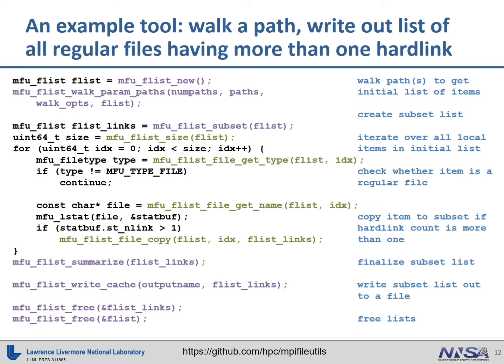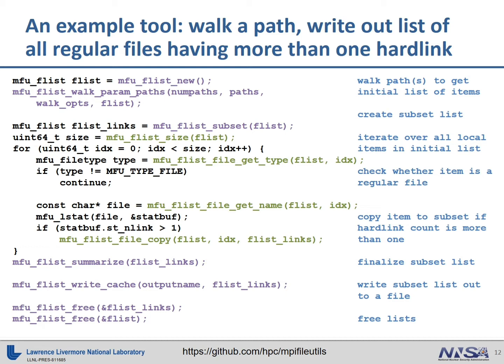If it is a regular file, it stats the item again to get the hard link count. Turns out that the hard link count is not one of the properties that we're currently saving in our stat information, so you have to stat the item one more time. If the hard link count is greater than 1, then it copies the item from the initial list into the subset list.